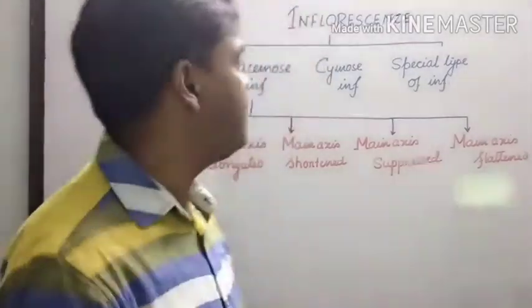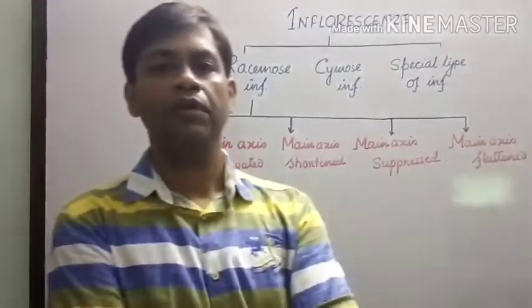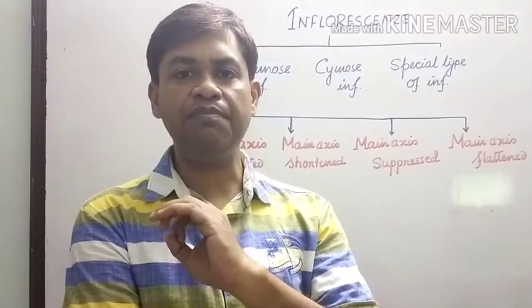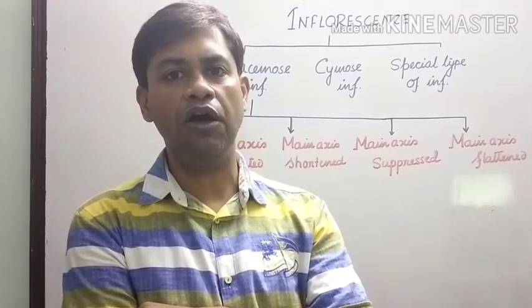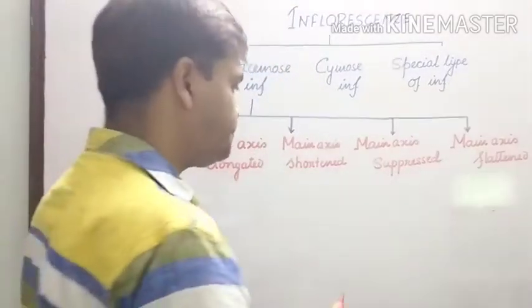So today we are going to start with the inflorescence. First of all, the arrangement and distribution of flowers on the peduncle of a stem is called inflorescence. Is it clear?